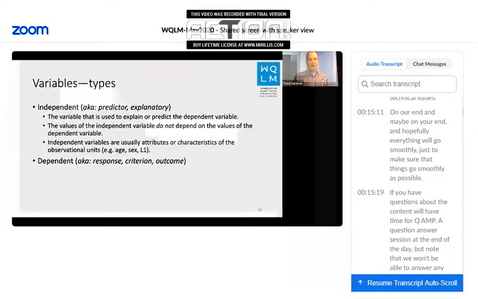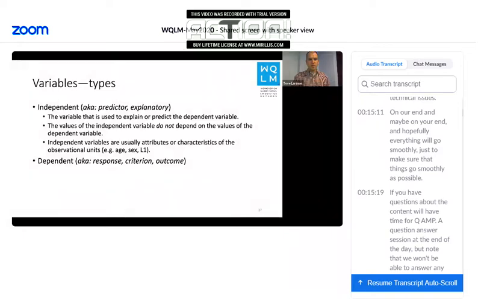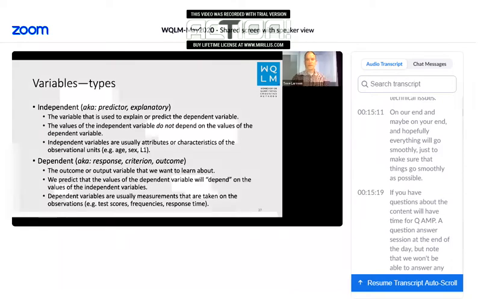Dependent variables, or response, criterion, or outcome variables, are what we're actually measuring. It's the outcome or the output variable that we're trying to learn about. We are predicting in our research that the values of the dependent variable will depend on the values of the independent variable in some way.